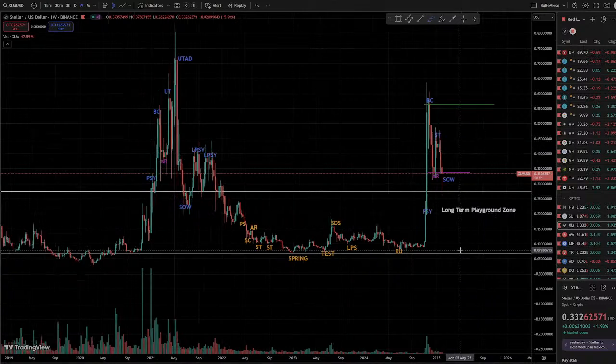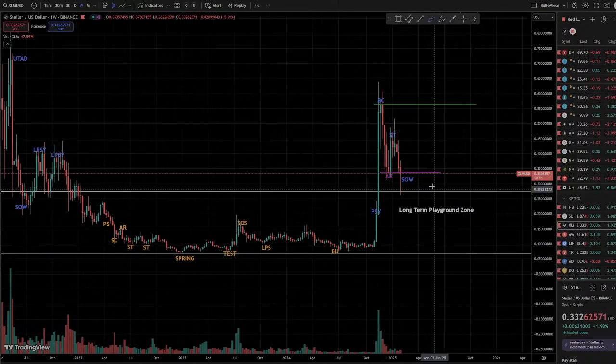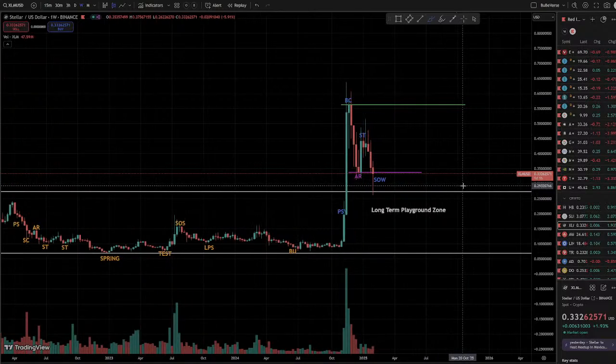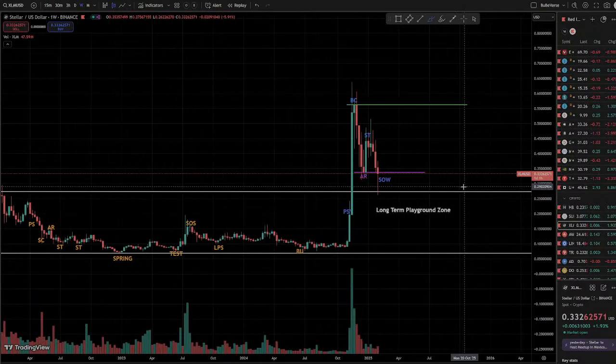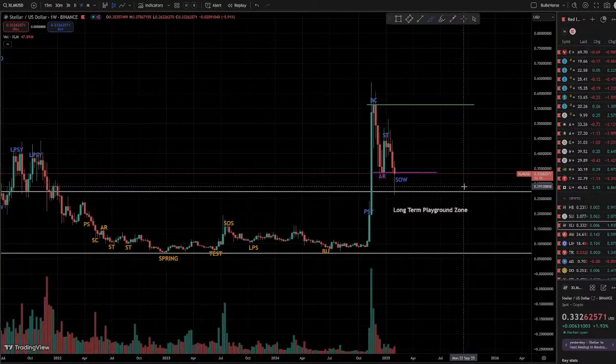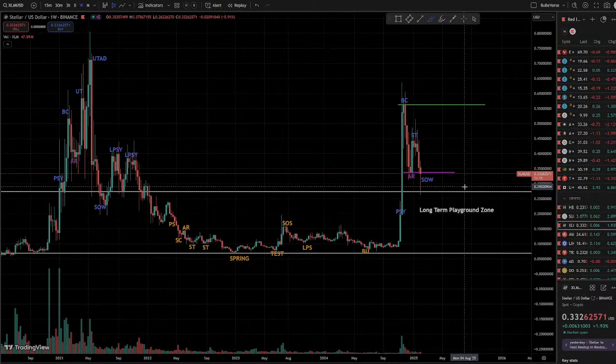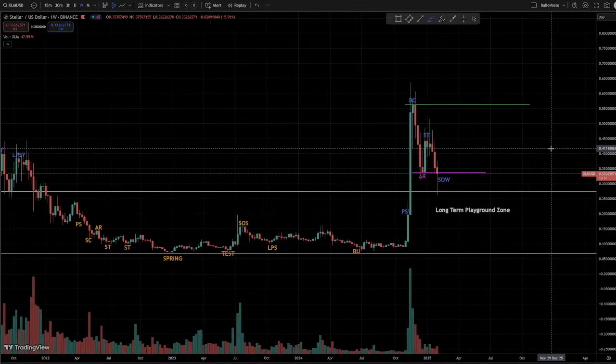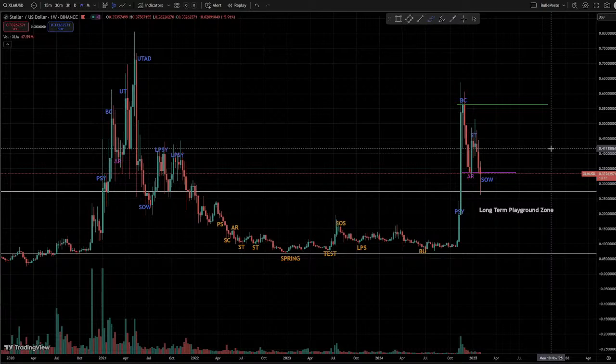But like in the beginning I mentioned, overall these altcoins are exhibiting a very similar behavior. They're trading right below the short-term playground zone. So it's not optimistic, obviously, depending on whether you are a flexible trader or a straight bullish trader.